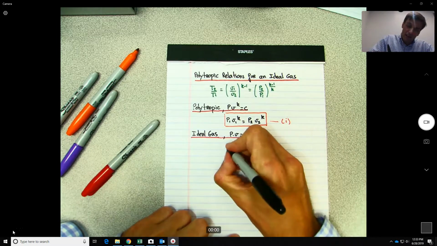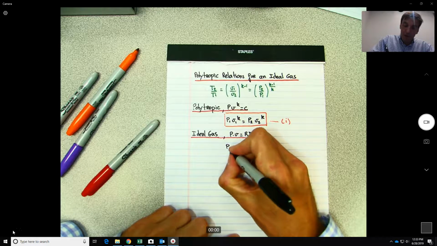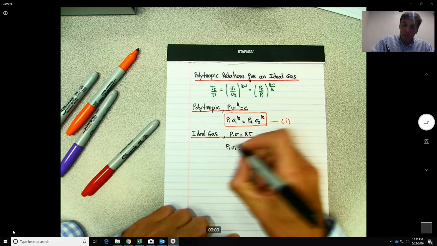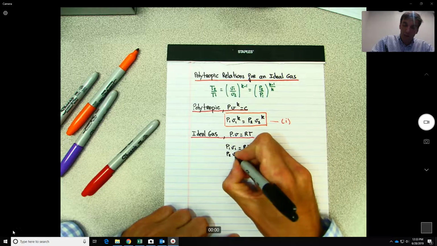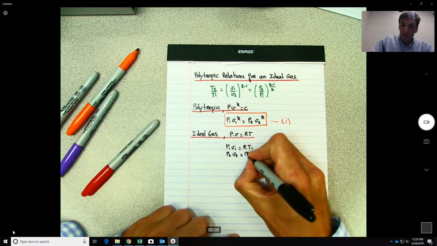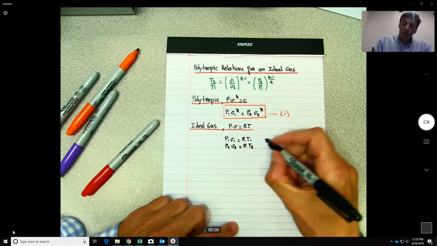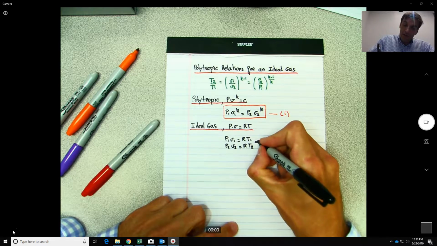So basically that will mean we can write down P1 V1 equal RT1, but we can also write down P2 V2 equal to RT2.